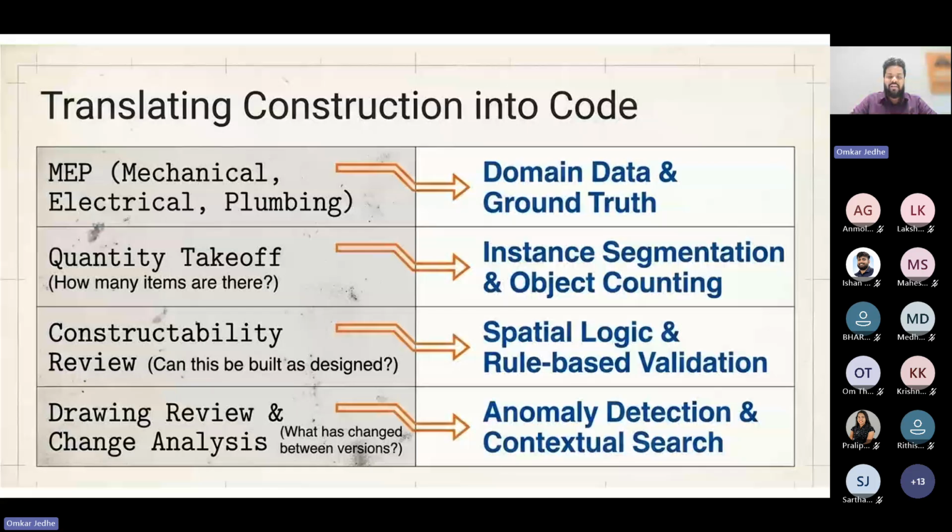We focus just on this specific part to solve a problem, which is eventually going to solve these processes. So your hackathon mission is to build core AI capabilities in detecting, counting, measuring and tracing that will eventually power automated workflows like quantity takeoff and drawing review.